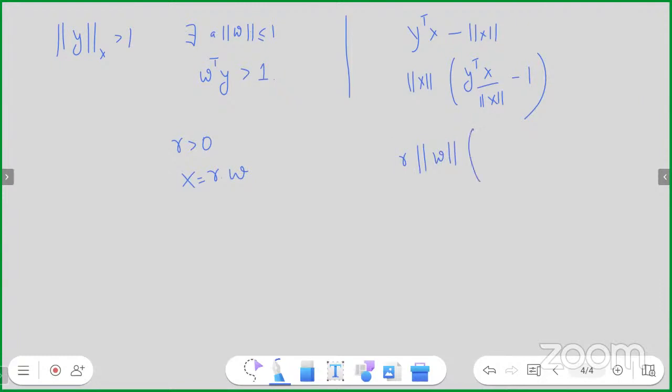Times this will be the norm of y star minus 1. This is simply R times W, and what is this? Y transpose R times W. So R and W will be cancelled. R and R goes, but what is this? That's not the same thing, right?